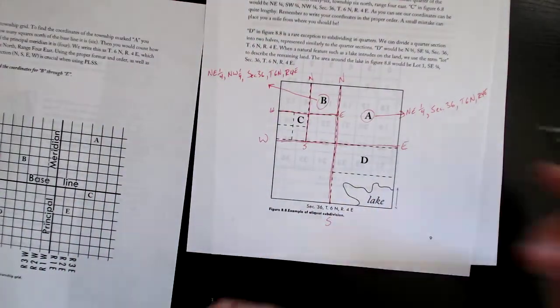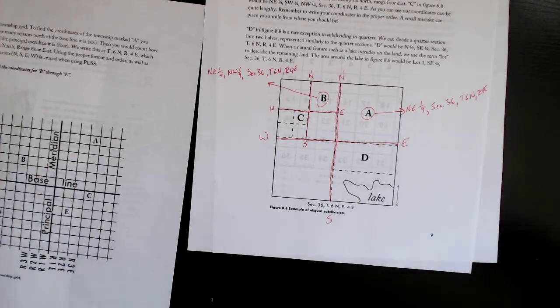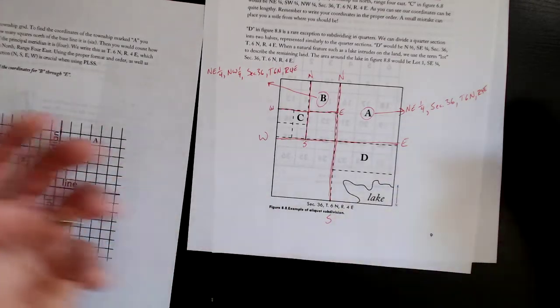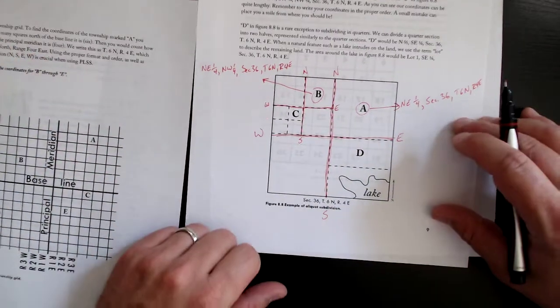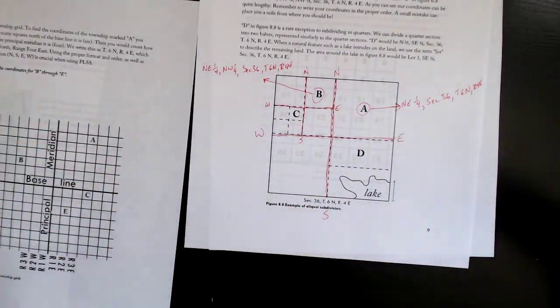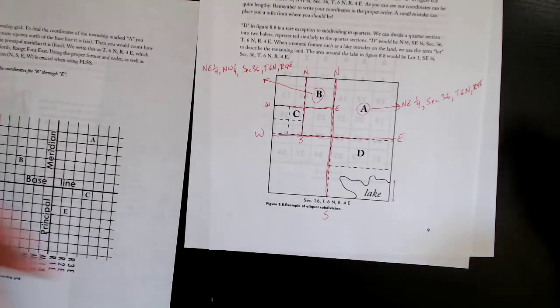Just this last one, just so you know, sometimes if there's a body of water, say, that goes in and it ruins the whole farmland idea, sometimes these things get divided into halves. It's a rare thing, but it happens.